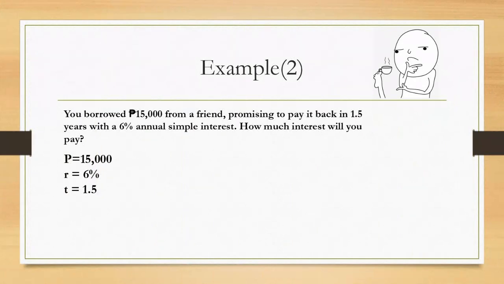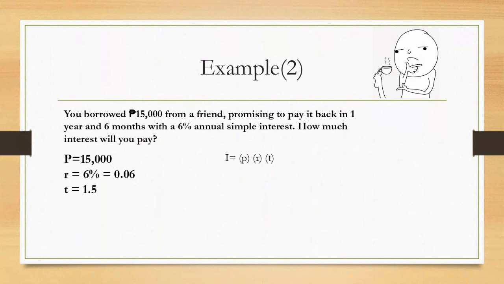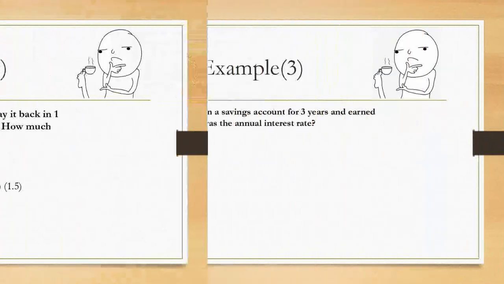P, R, and T are correct. I is equal to P times R times T, and we can see that I is 1,350. So we are correct.